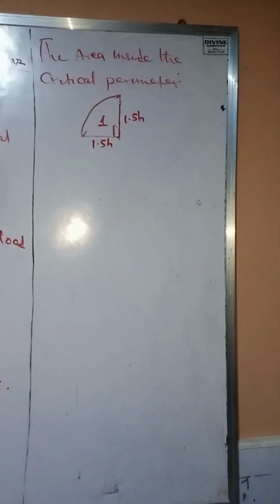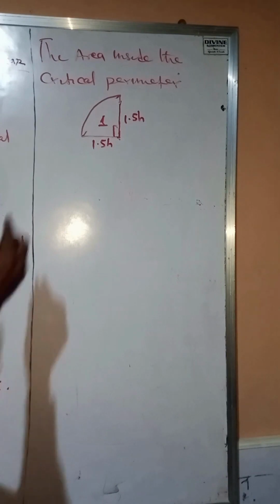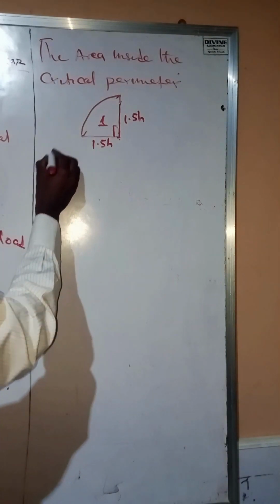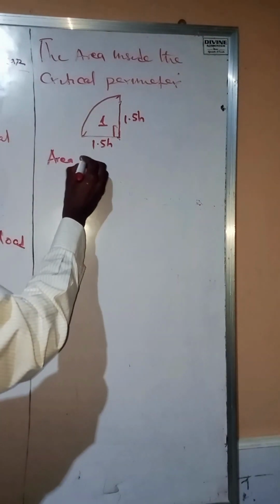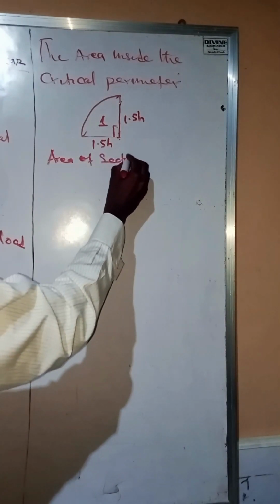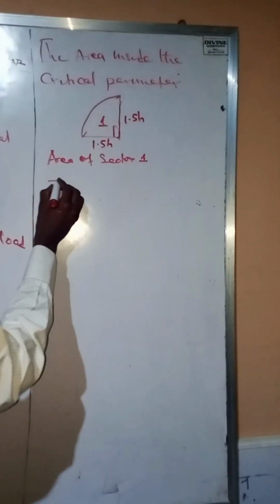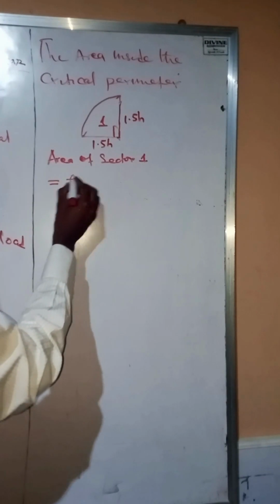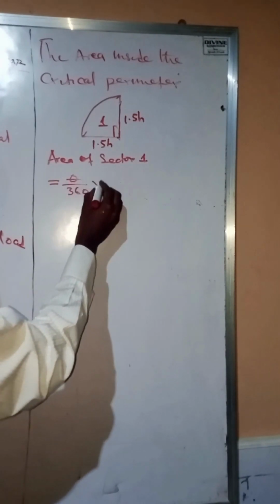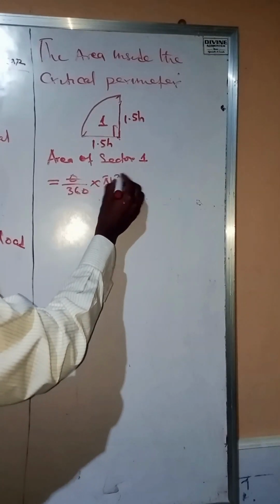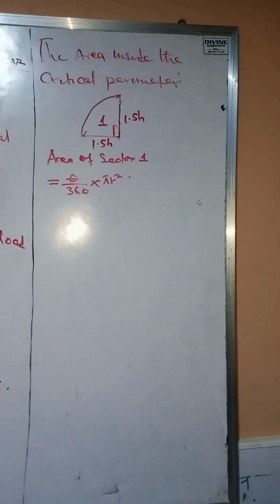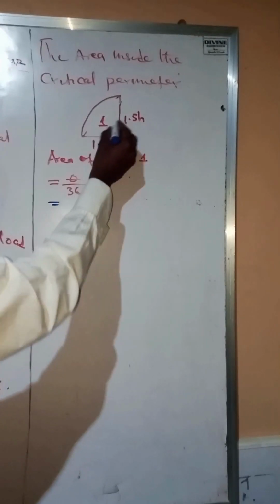So let's calculate the area of this sector. Remember that the area of sector 1 becomes theta over 360 times pi r squared. All right. Now, in solving this problem, we have theta to subtend an angle of 90 degrees.